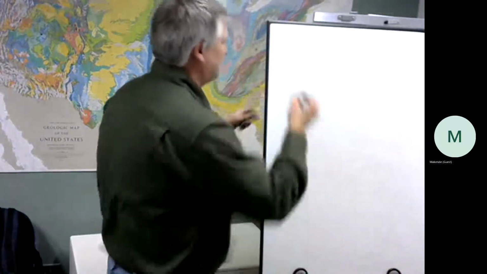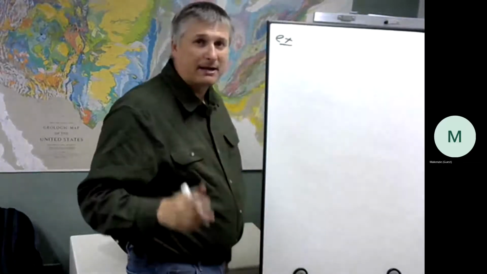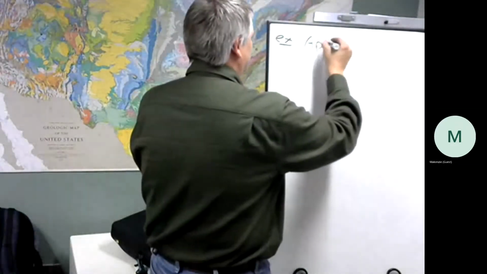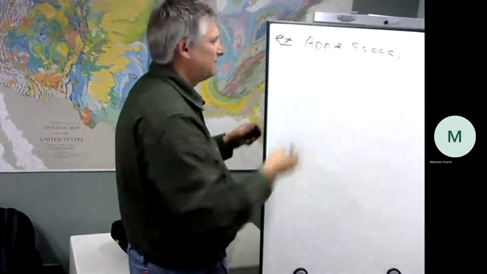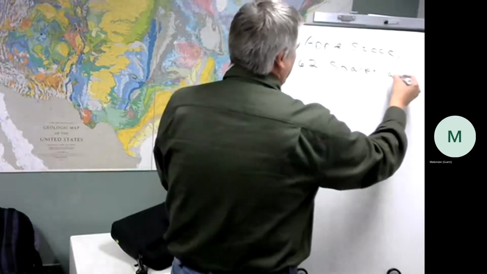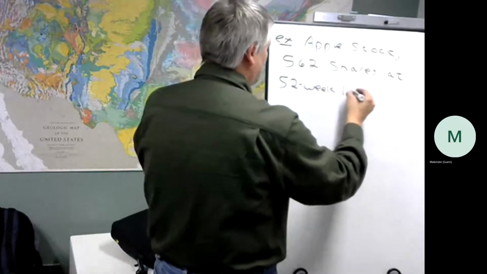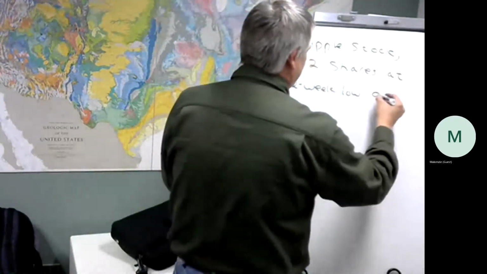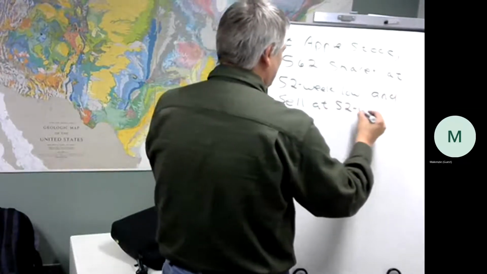Let's say, and I'm going to use the chart they have here, let's go with Apple. Suppose someone buys Apple stock. They purchase 562 shares at the 52-week low, and the 52-week low is $92. Then they sell at the 52-week high.